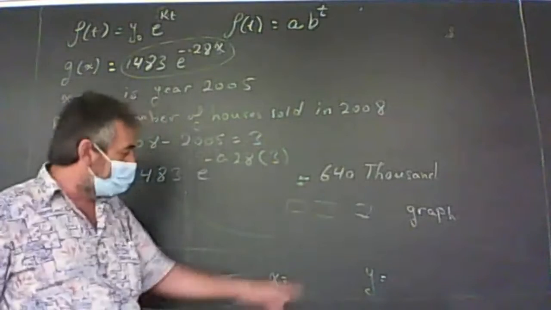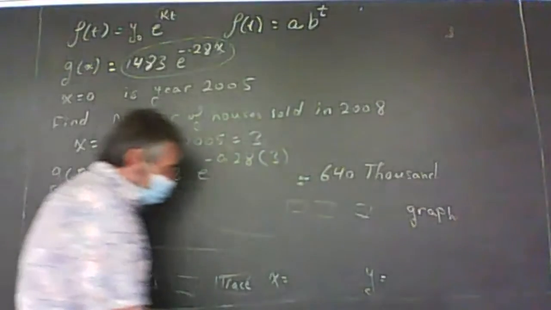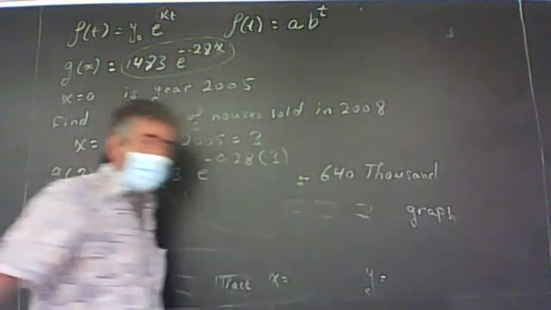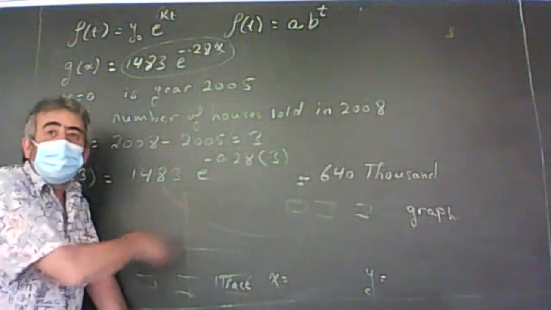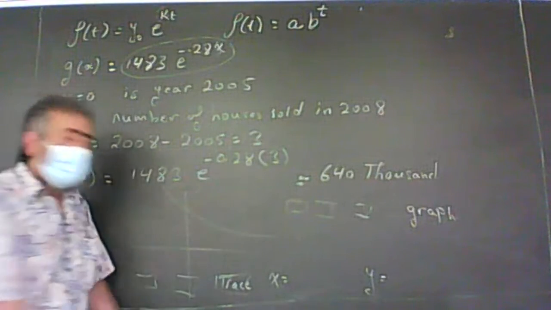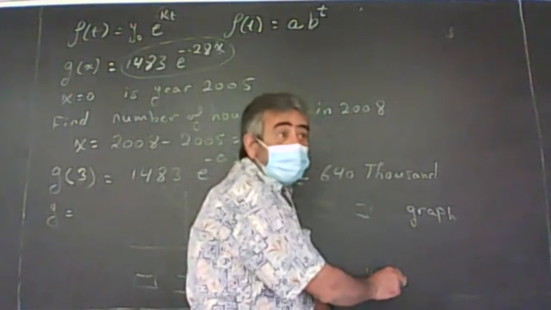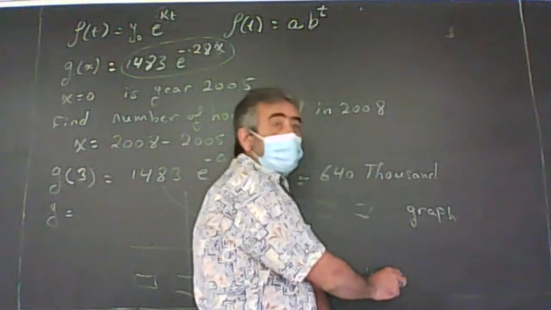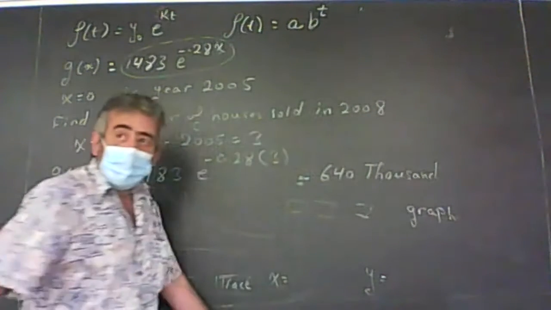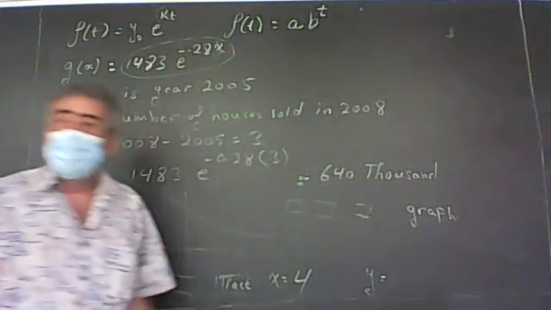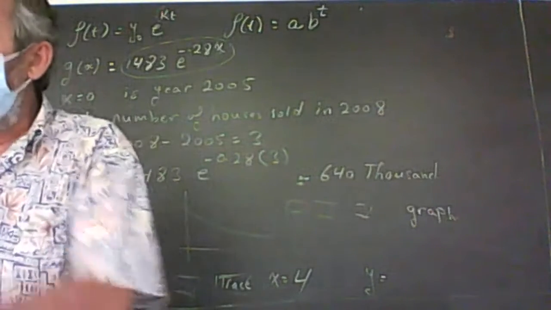If this value is more than 500, you hit the right button. You keep moving the trace to the right until you get the first value less than 500, or 500 or less. Once you get that value, you read x, and in this case, it'll give you x equals something. Okay. This is how you do it on the calculator.